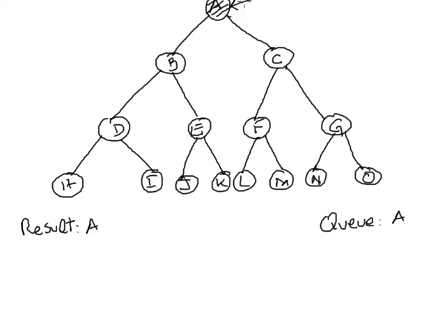Okay, the next thing we need to check is, are there any unvisited nodes from A? In this case, we've got nodes B and C, which are still unvisited. So we're going to go in alphabetical order. So the next node in line would be node B. We'll output that and make it visited. If we make this node visited, we will put this node on the queue.